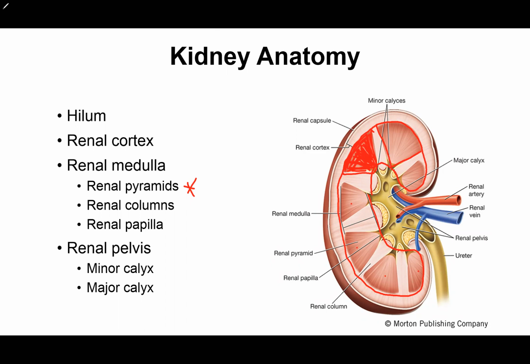What is separating these renal pyramids are what we call renal columns. So our renal columns are the structures here that are separating the renal pyramids. Here would be a column, here's a column, here's a column, and so on. All of those are the columns.